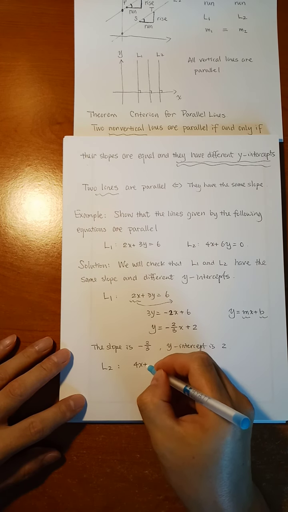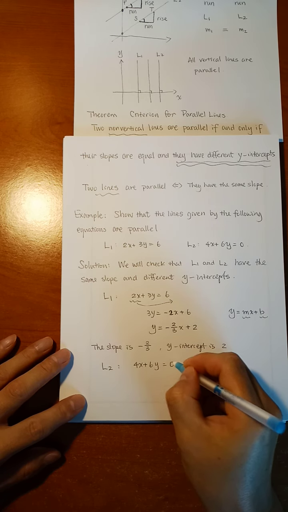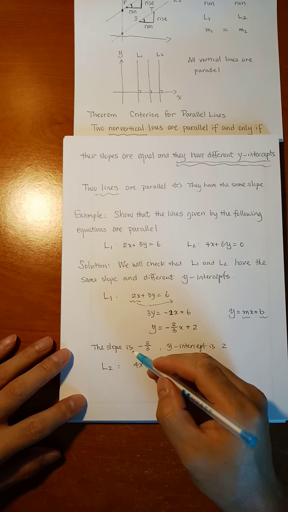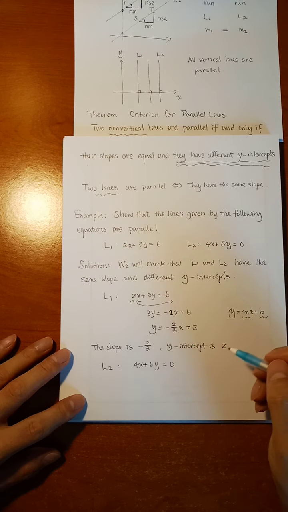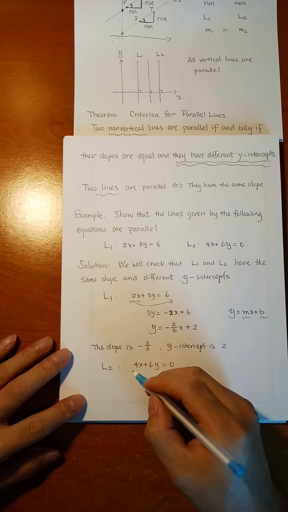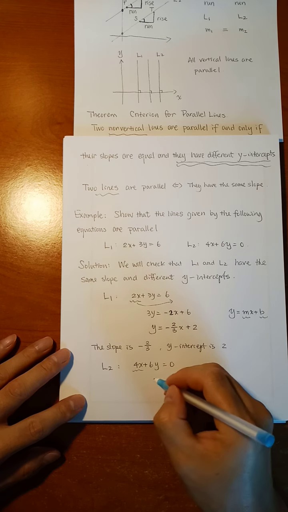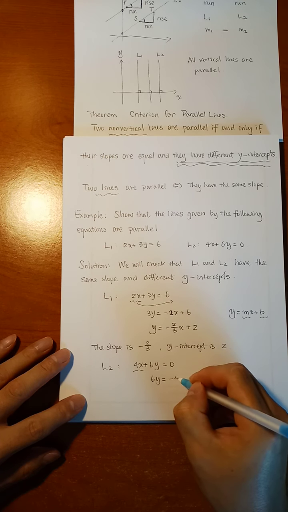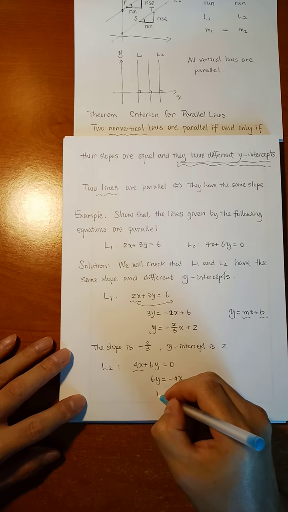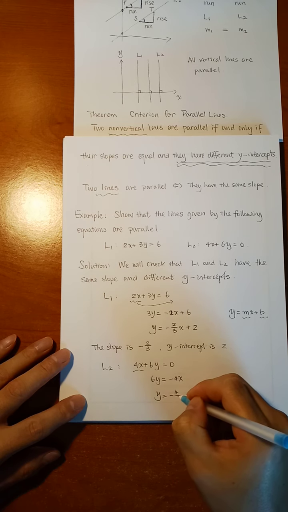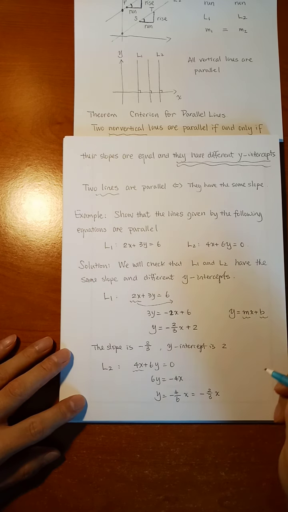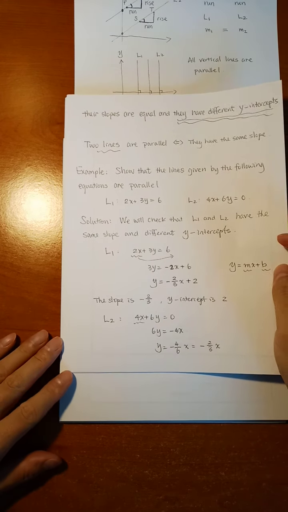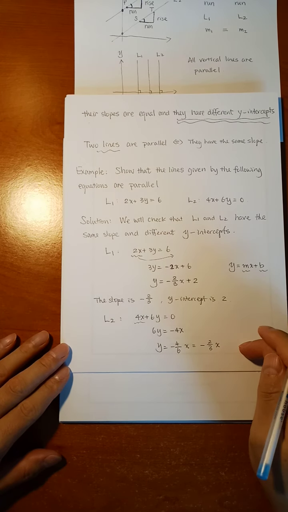L2, we do the similar thing. 4x plus 6y equal to 0. We're going to find the slope-intercept form and find the slope and the intercept separately. Moving 4x to the right side gives negative 4x, and dividing by 6, it's negative 4 over 6 times x, which is negative 2 over 3 times x. You don't see the constant term, which means the constant term is 0.